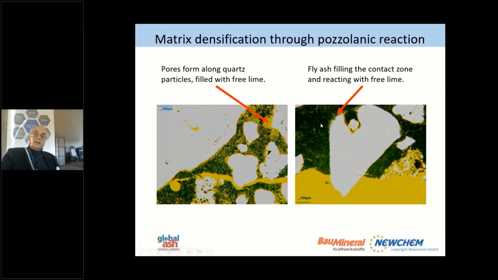On the other side, here we used about 20% replacement of cement with Microsit 20, and you can see the difference in the binding.